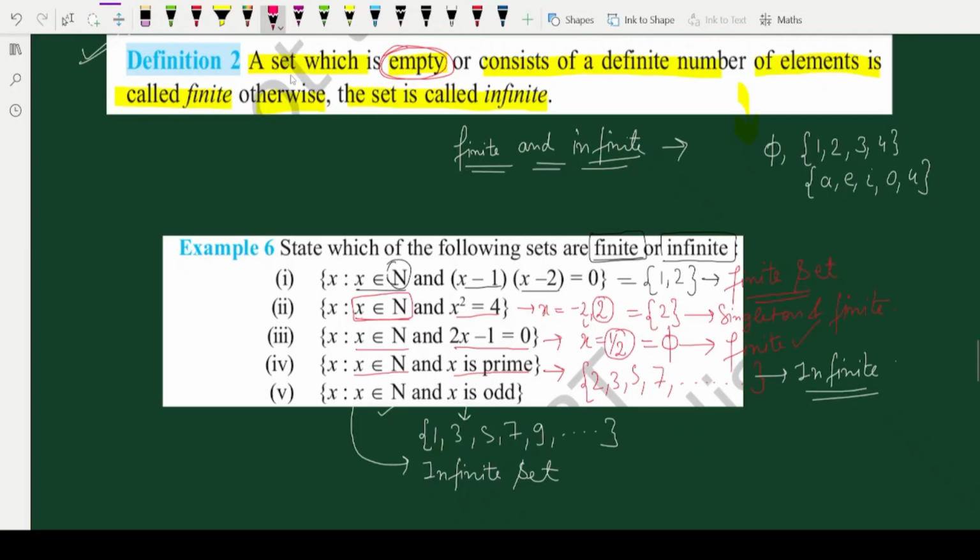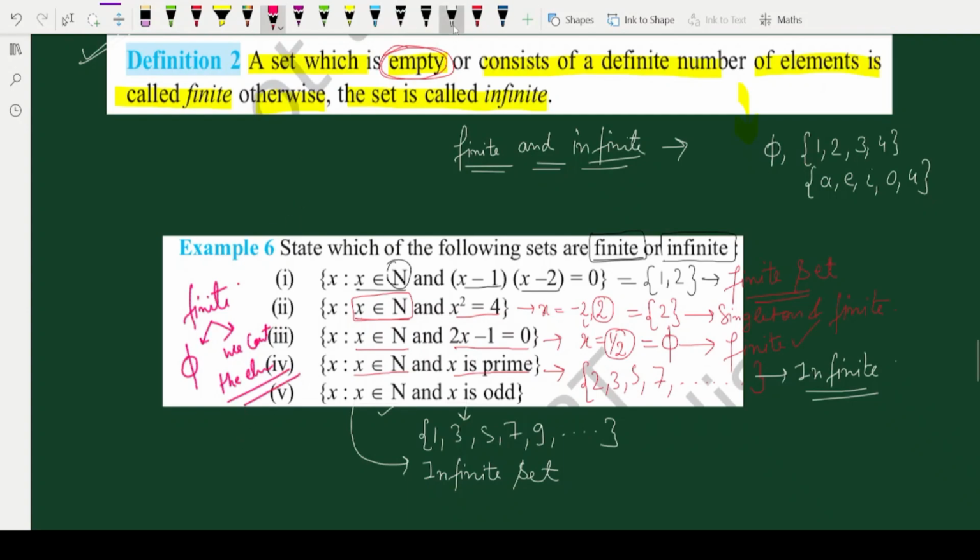The most important thing is, for finite and infinite we also have to consider an empty set and a set in which we count the elements. Okay, I hope you understand.